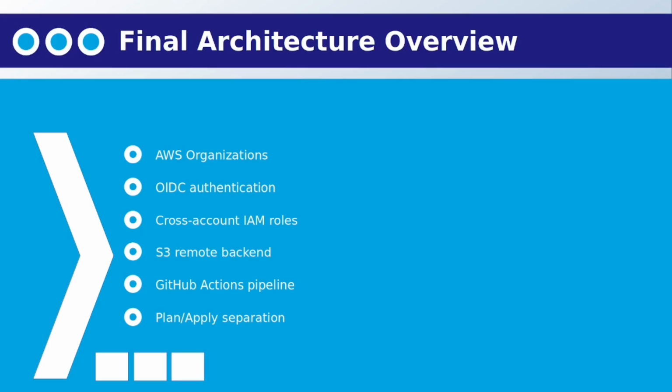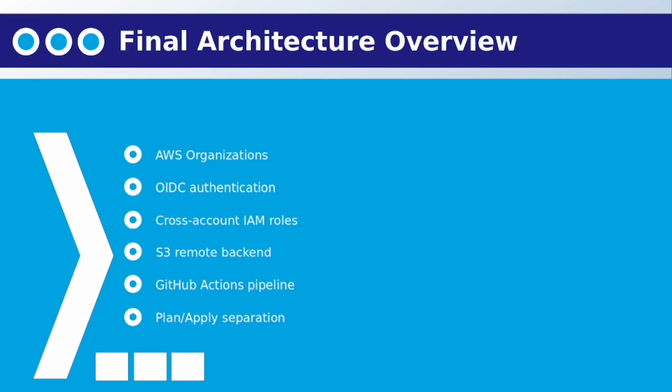Finally, the architecture. Let's summarize everything. Our final architecture includes AWS Organization, multi-account strategy, OIDC authentication, cross-account IAM roles, S3 remote backend, GitHub Actions pipeline, plan and apply separation, and policy as code governance.